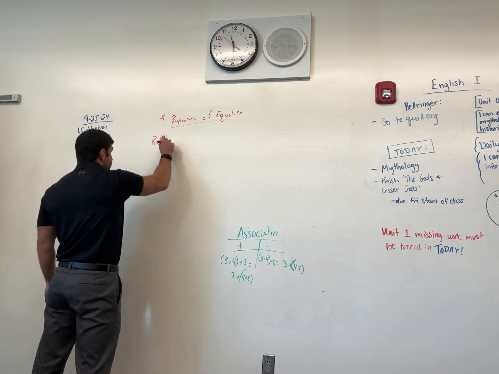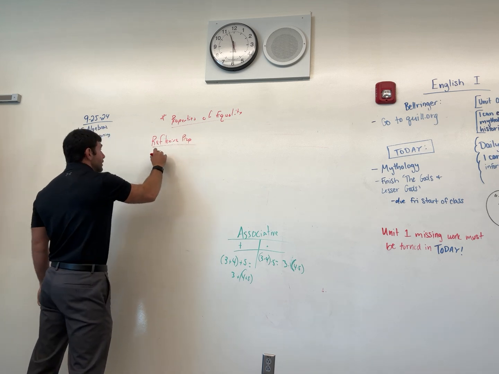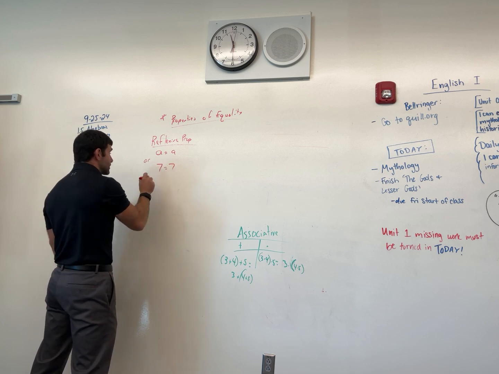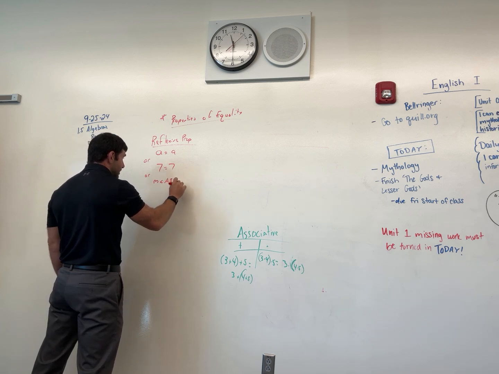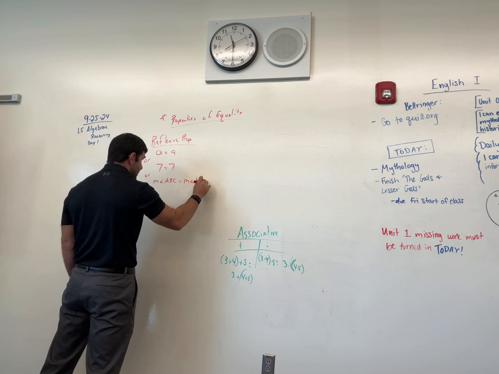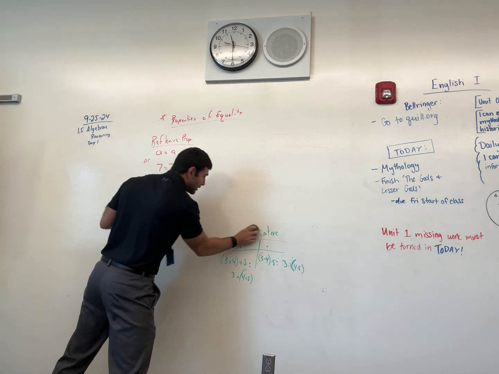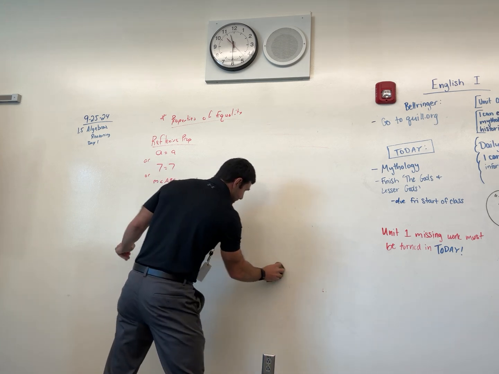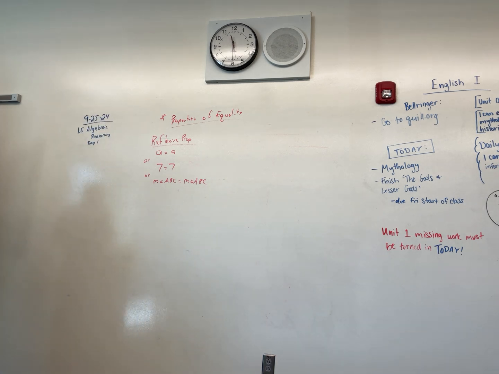The reflexive property, and I'm going to abbreviate property as prop: A equals A, or 7 equals 7, or the measure of angle ABC equals the measure of angle ABC. It has to be the same on both sides. Reflexive, reflection. Think about looking in the mirror. You're getting the same exact thing. That is the reflexive property.